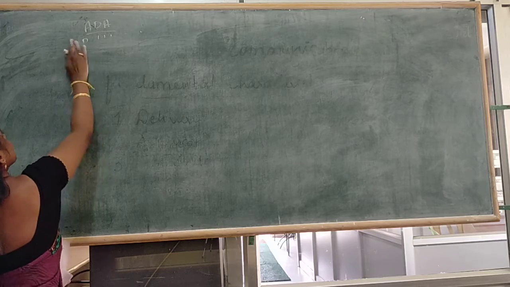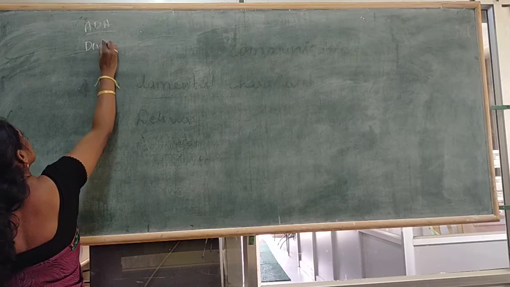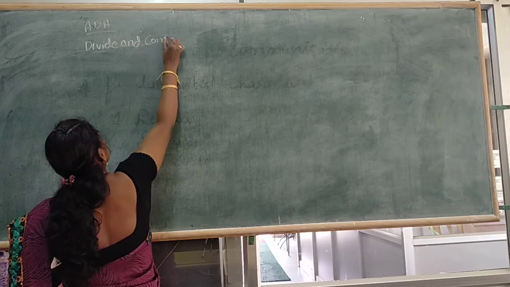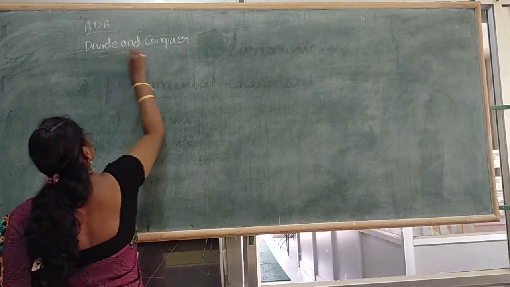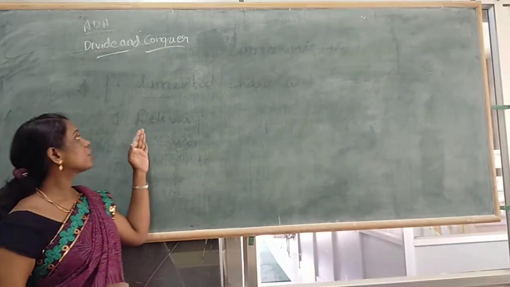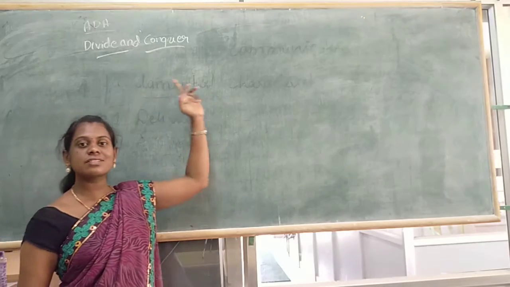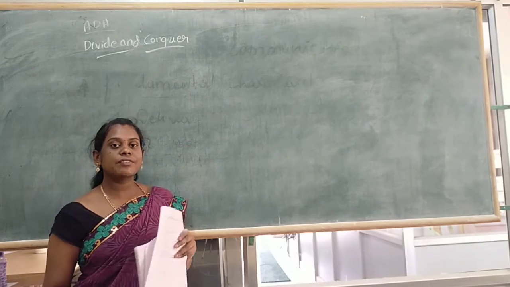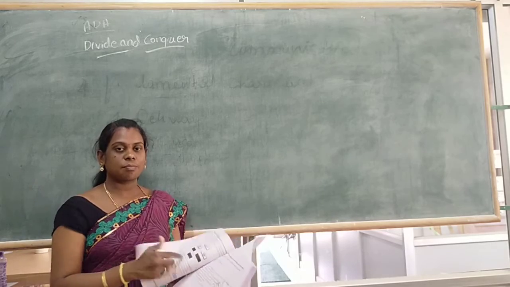So divide and conquer. After the brute force technique to solve the problem, the next technique we use is called divide and conquer. It means we are going to divide the problem into sub problems.